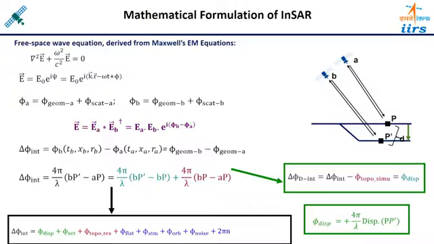At the time of selection of the images for interferometric applications, whatever images you have acquired are governed by certain baselines: temporal baselines, spatial baselines, and Doppler baselines. All the baselines are not zero; some finite baselines are there. Since they are not zero, the signal is already decorrelating.